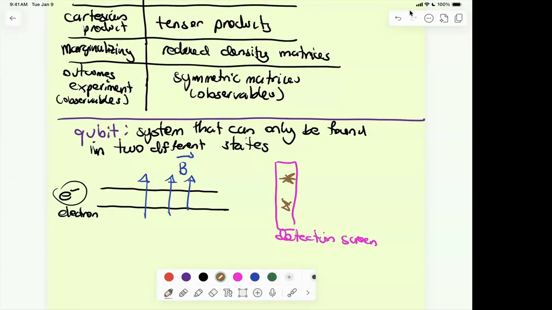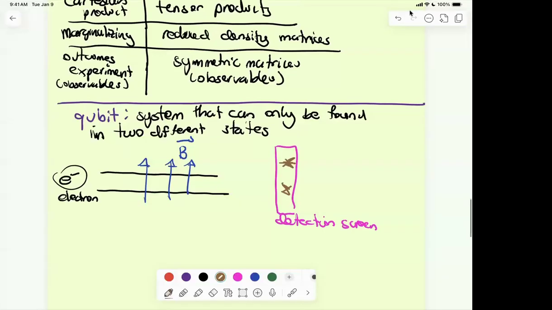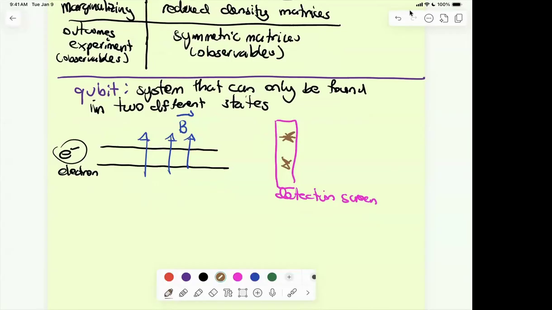If it's detected up, it's called spin up. If it's detected down, it's called spin down. But all that I'm trying to say is that it has two particular outcomes, right? So it goes up or down, okay?